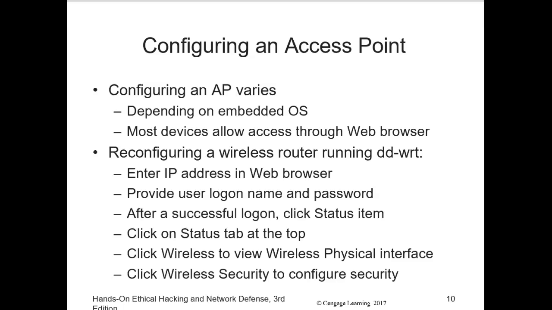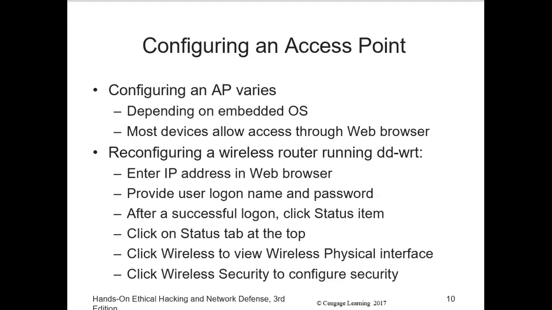Now, configuring an AP will vary depending on the embedded OS, for example. And most devices allow access through a web browser. Now, reconfiguring a wireless router is possible, right? We enter the IP address in the web browser. We provide the username and log on password.